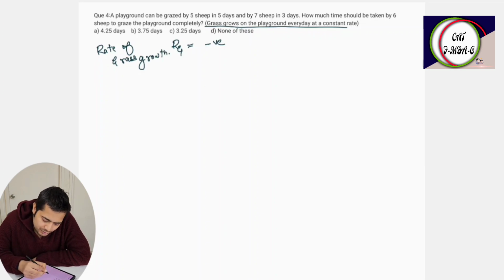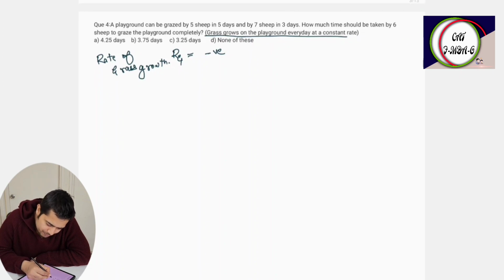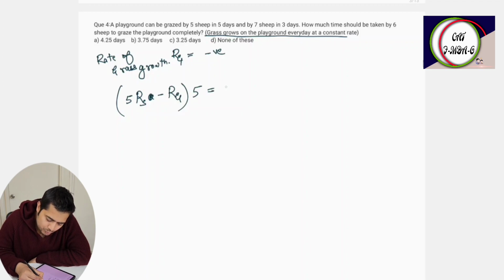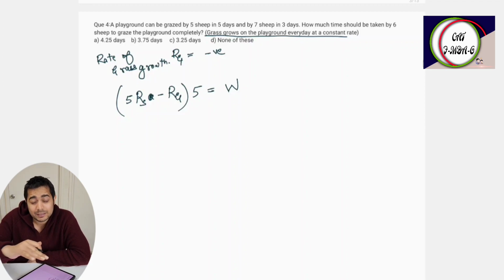Okay. And so 5 sheep, 5 into rate of sheep into 5 days: 5 into RS minus RG into 5 days is equal to total work, which is grazing the whole playground.